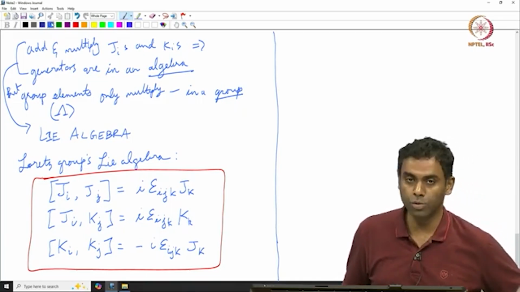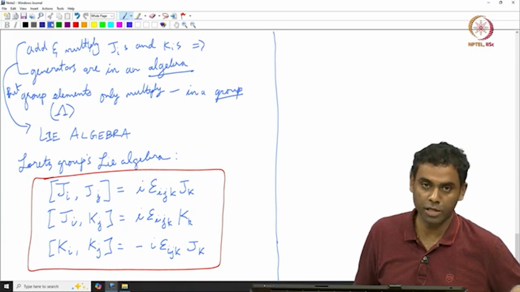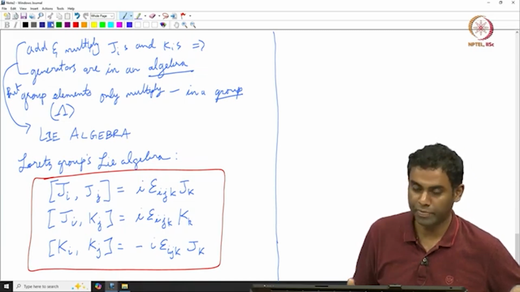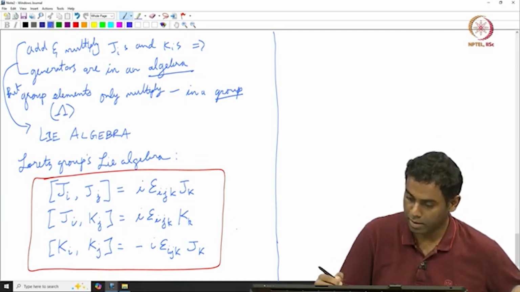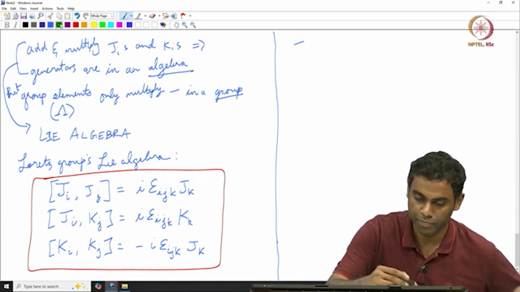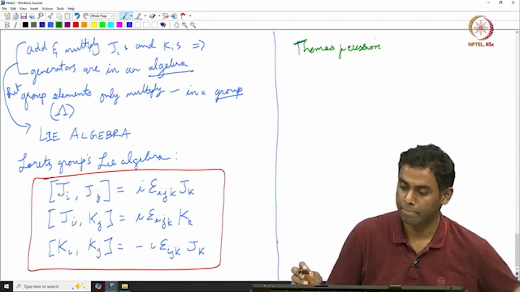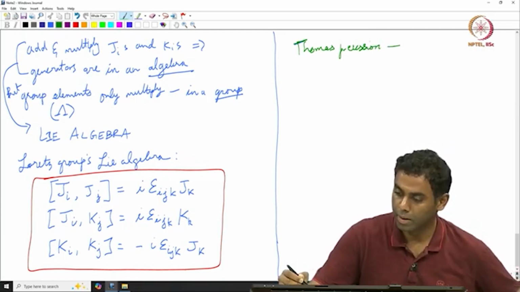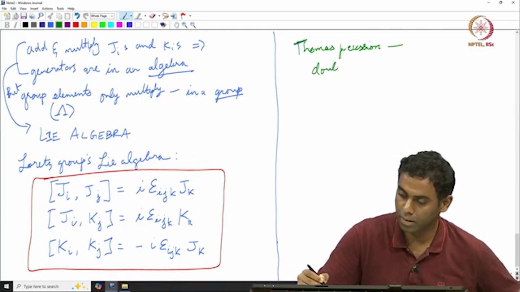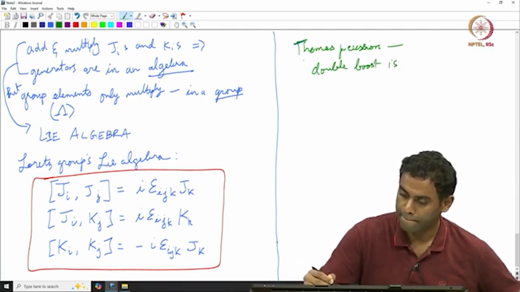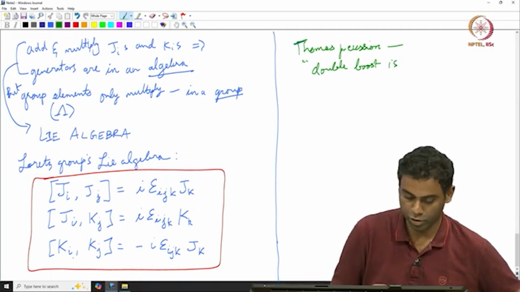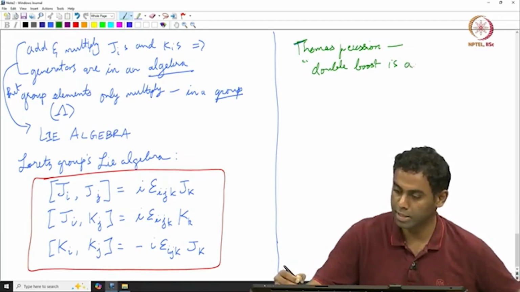This has to do with things that you might have learned in special relativity, things like, let me just write the words here, go back and look at it, Thomas precession, and so on. Go look this up. People say that a double boost is basically a tilted boost.